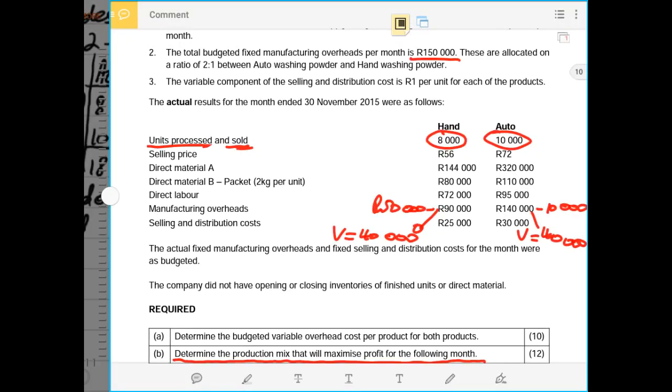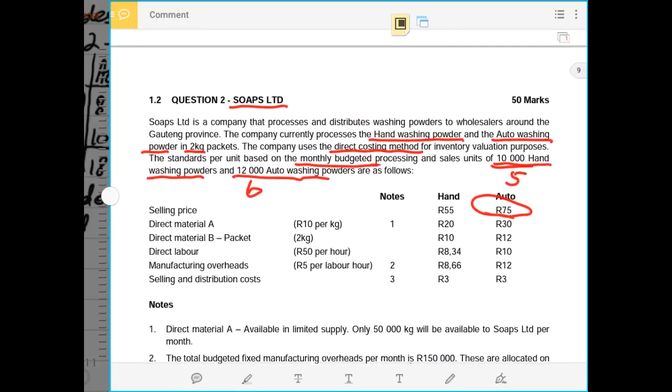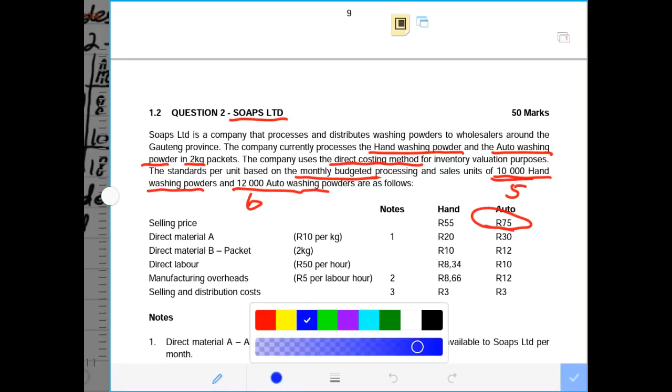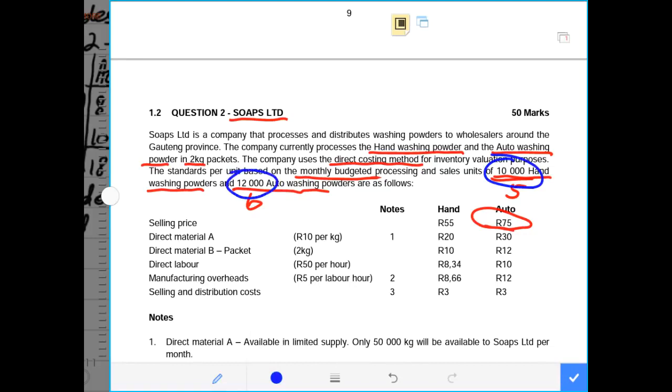Remember, we budgeted to manufacture and sell 10,000 units and 12,000 units. So now 10,000 plus 12,000 will give us 22,000 units. So now this will be the total apportionment.